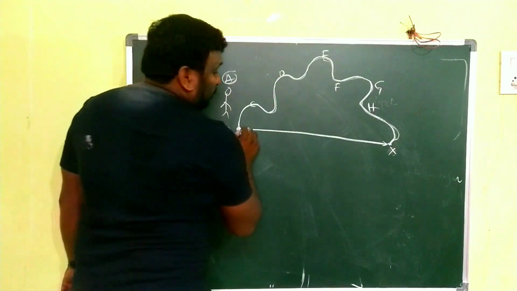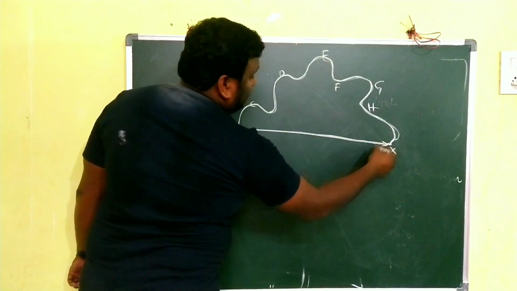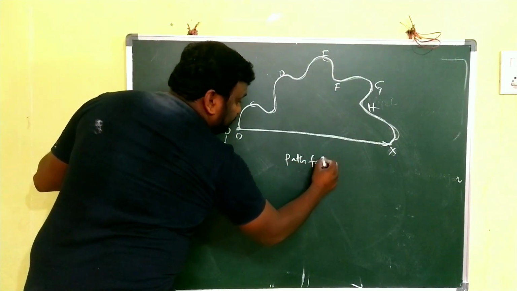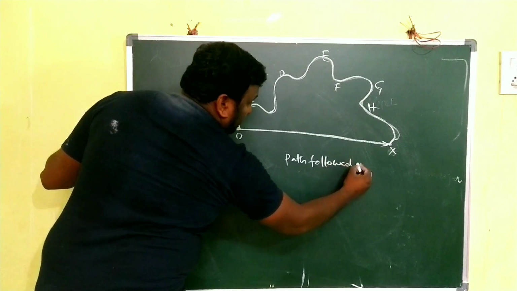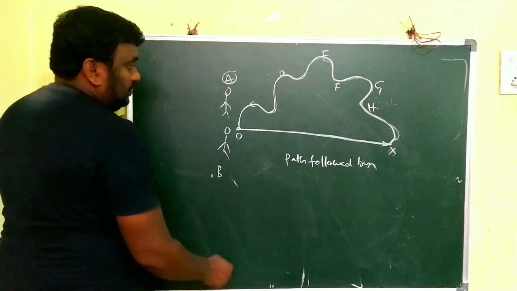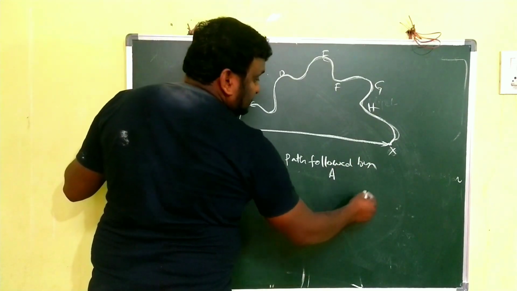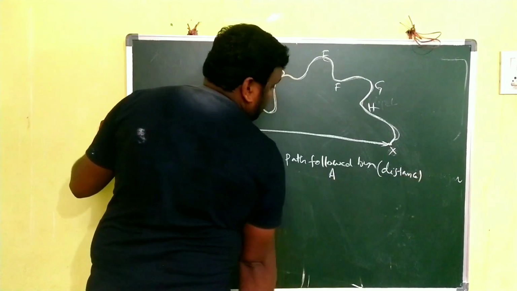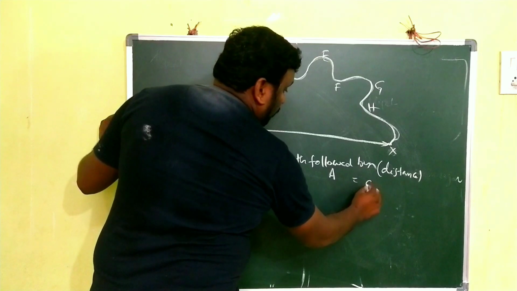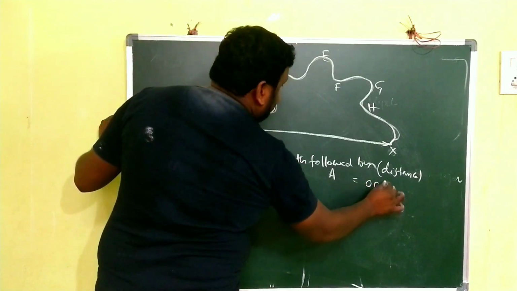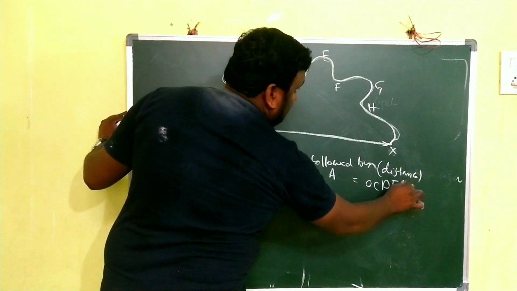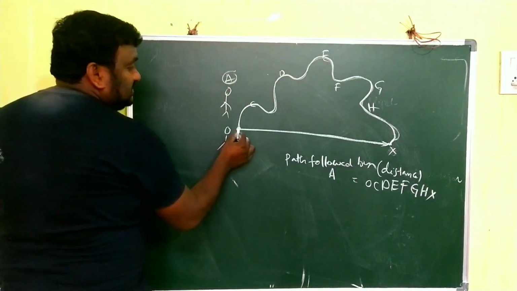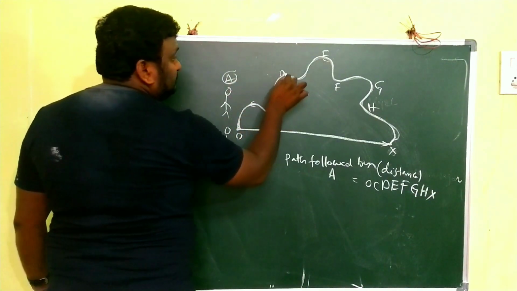Clear? Now OX, the path followed by boy A, that is nothing but the distance traveled by A, that is O, C, D, E, F, G, H, X. This is the path followed.